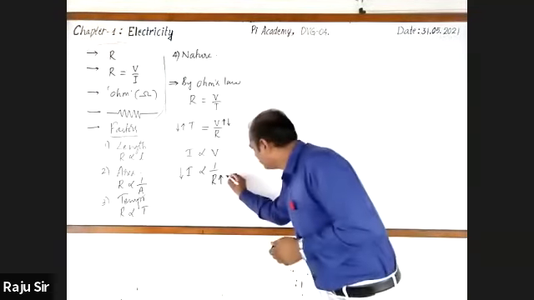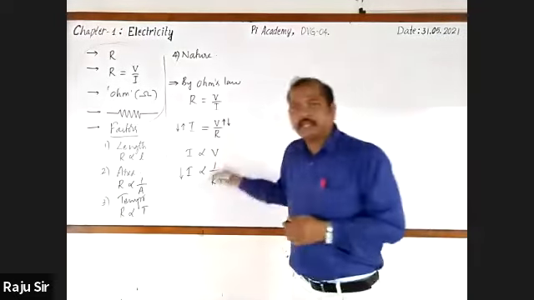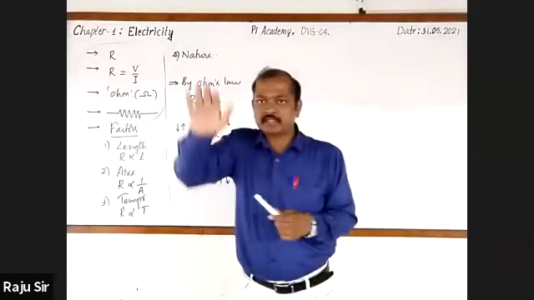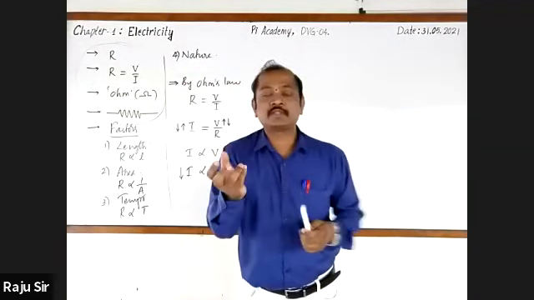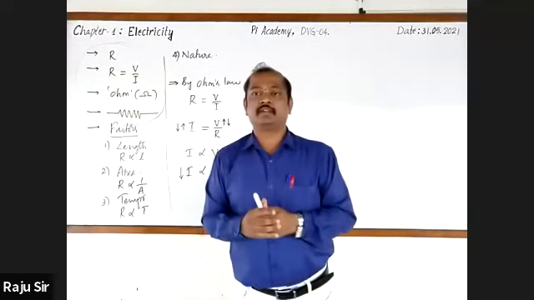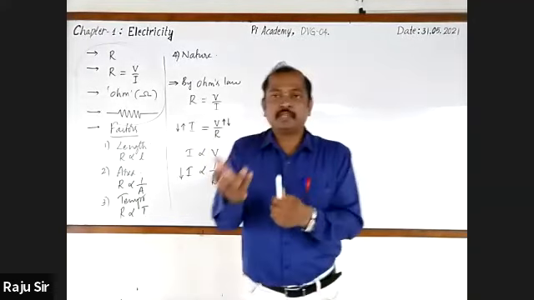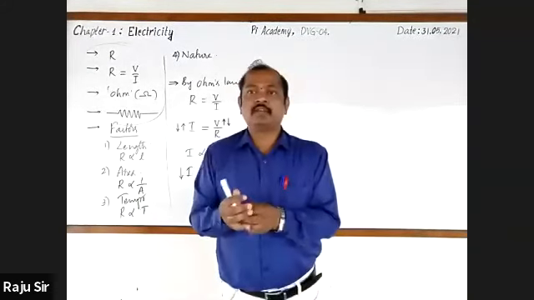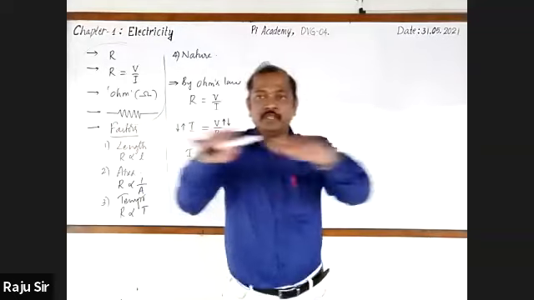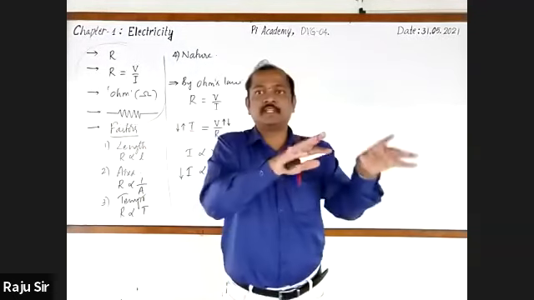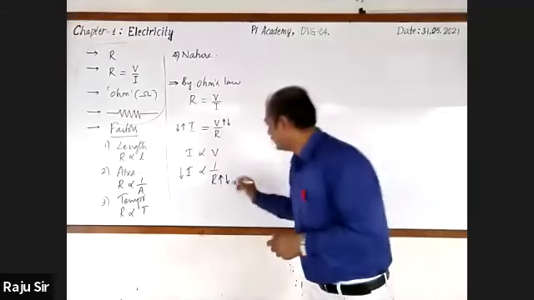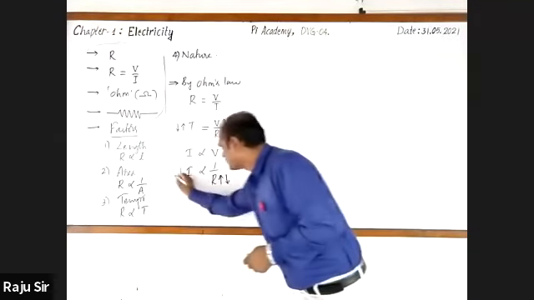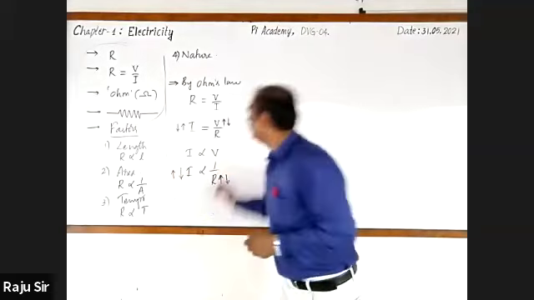As electric resistance decreases, which means that the electrons will experience less opposition. If they experience less opposition, then they can flow easily. If they flow easily, obviously current increases, right? So electric resistance decreases, then current increases.